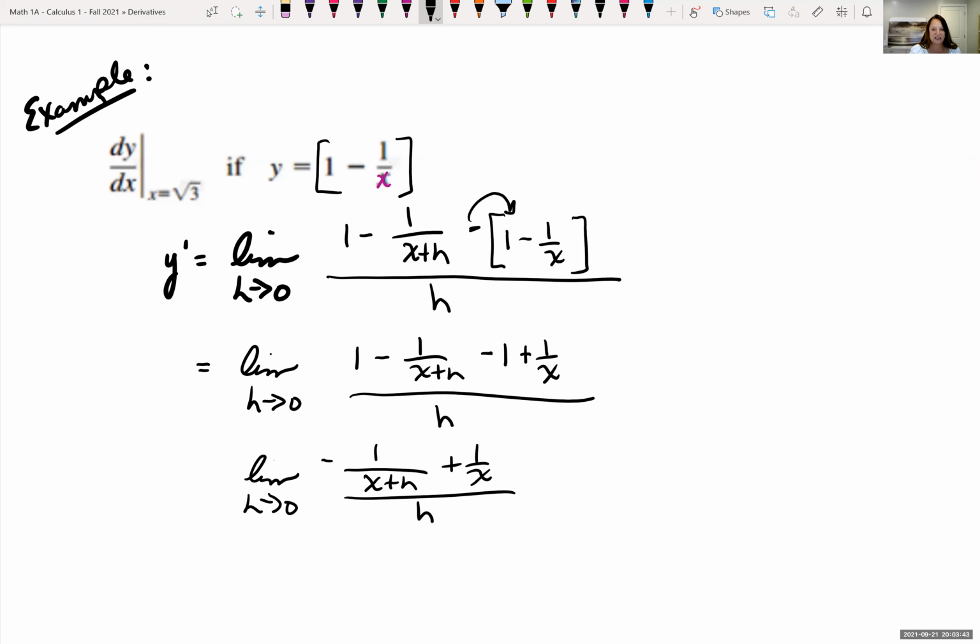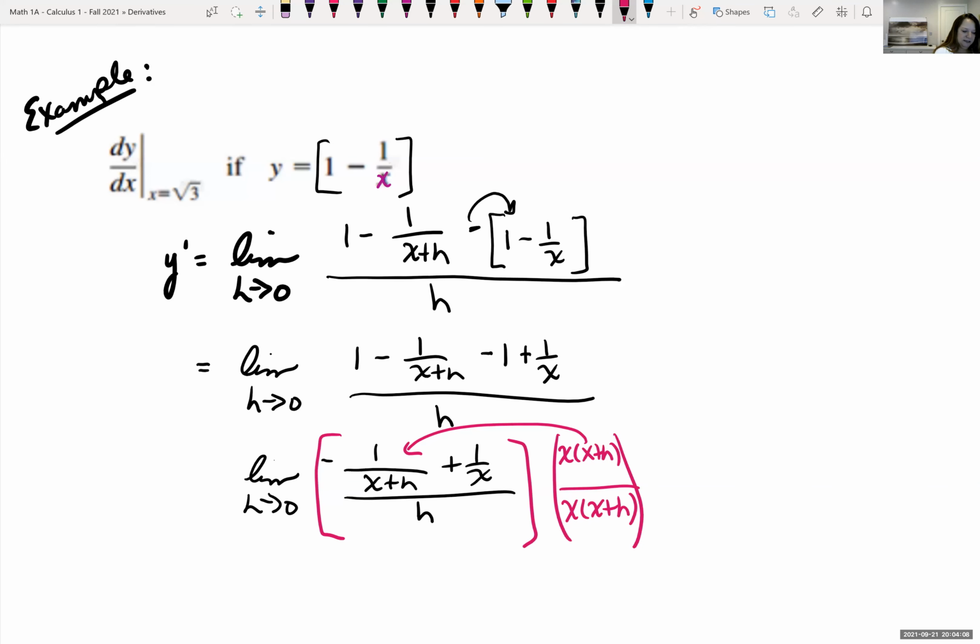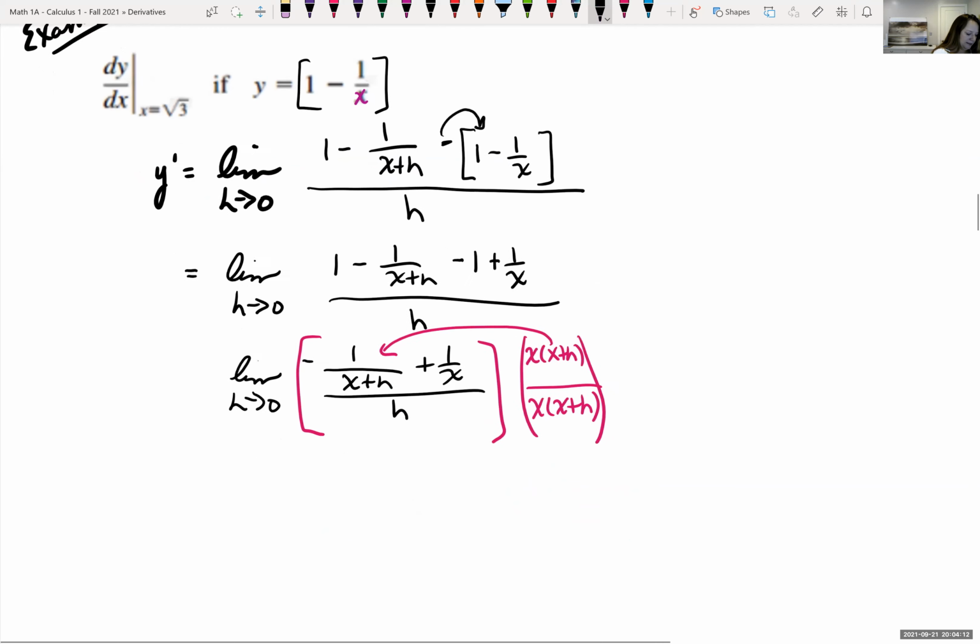And so what we can do is clear this complex fraction. So let's multiply both the numerator and the denominator by the LCD of the fractions within, which would be x times x plus h. And so when we distribute this, the fractions are going to go away, which was the whole point of doing that. So we get the limit as h goes to 0.